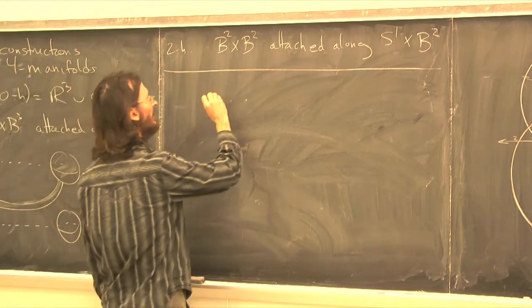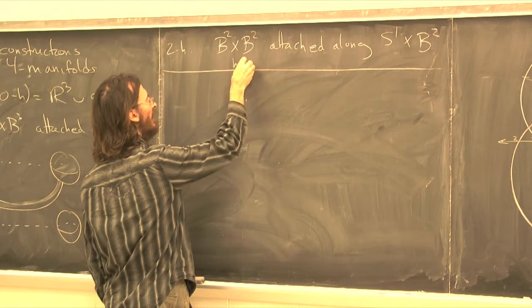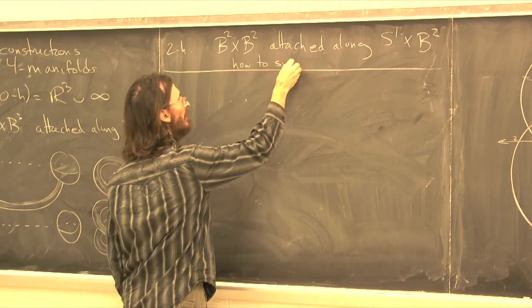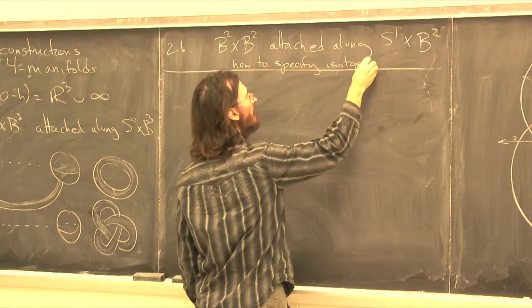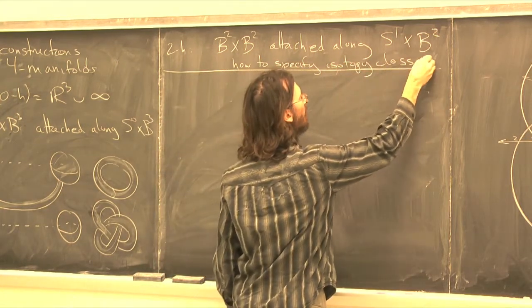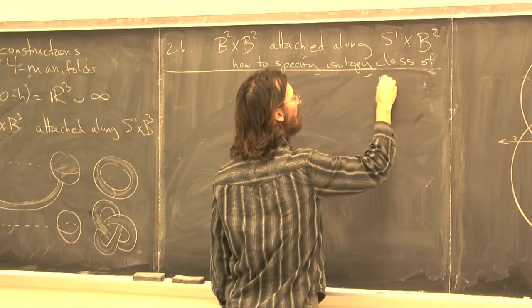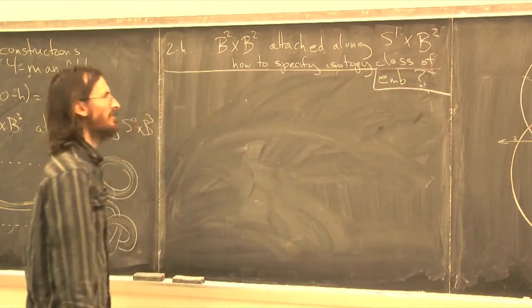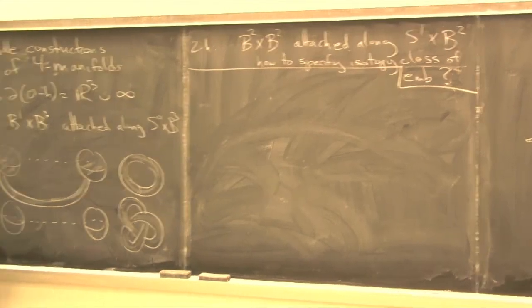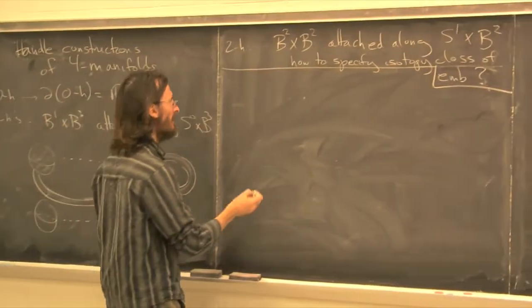So the question is how to specify the isotopy class of an embedding. And so we step back from this particular dimension and visit the problem in full generality.